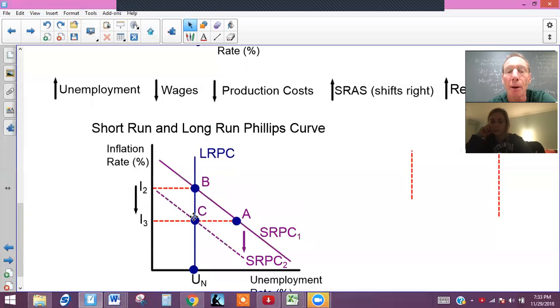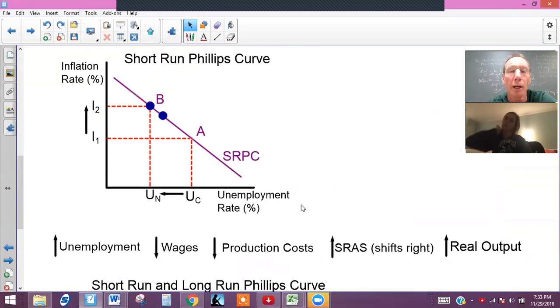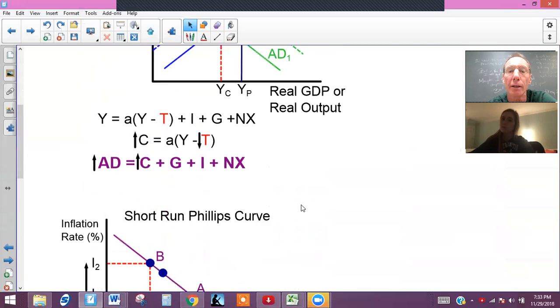So you just have to think about what would cause you to have less inflation at every level of employment. And I think that was because, I don't remember. You know what? I'd have to go back and look at it.